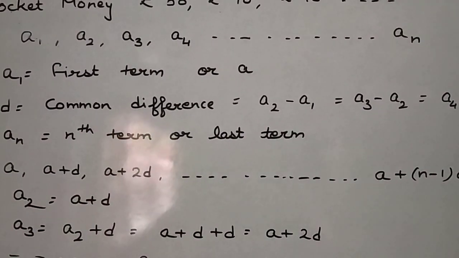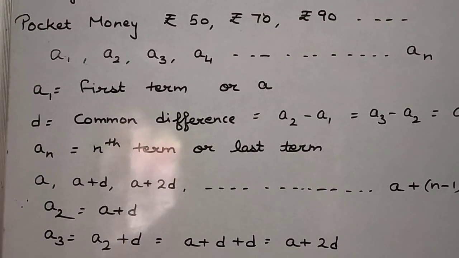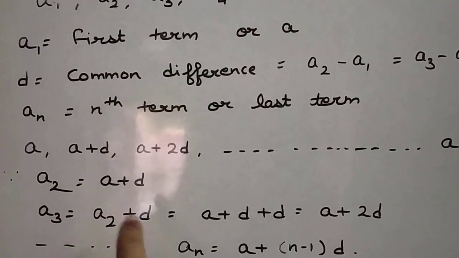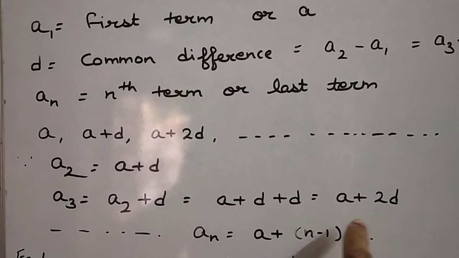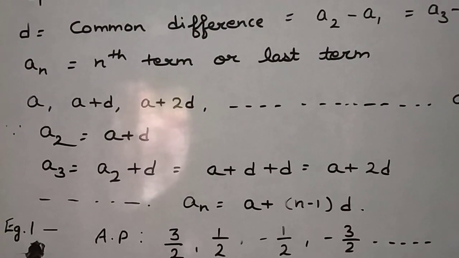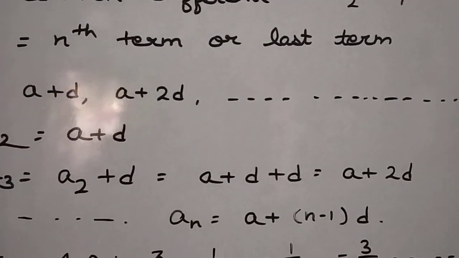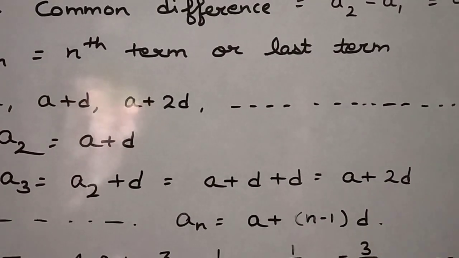Third term is A2 plus D. A2 plus D means 70 plus 20, 90. So A2 value is A plus D, and plus D, so it becomes A plus 2D. So we can say the third term is equal to A plus 2D. Obviously the fourth term will be A plus 3D.